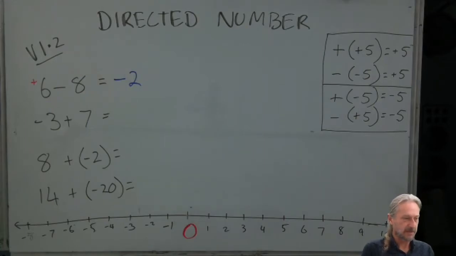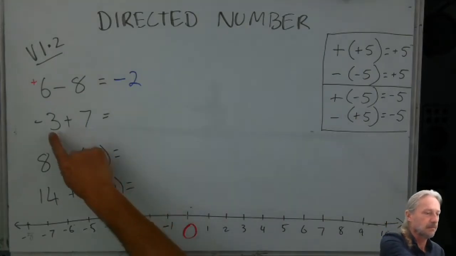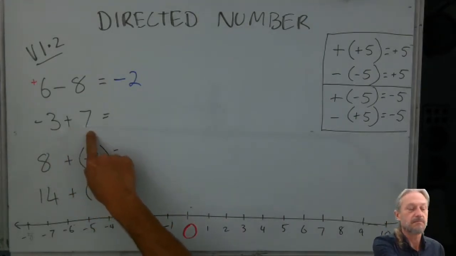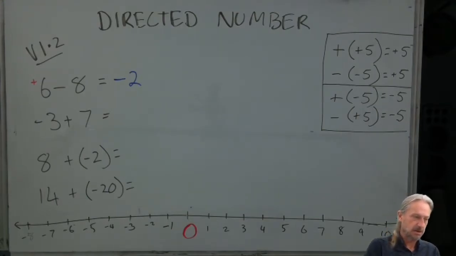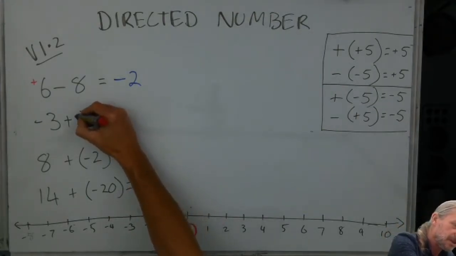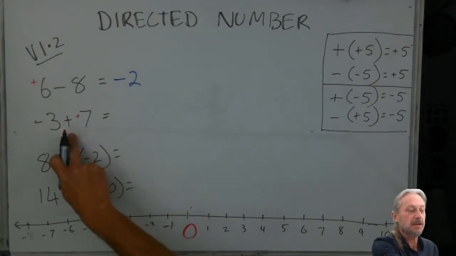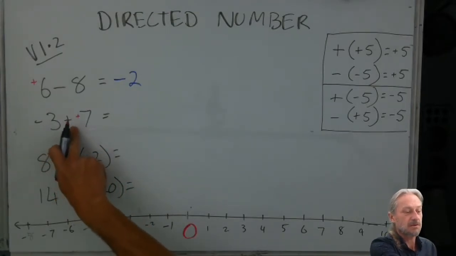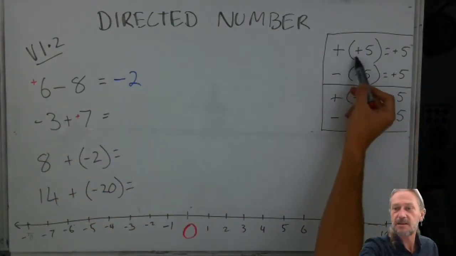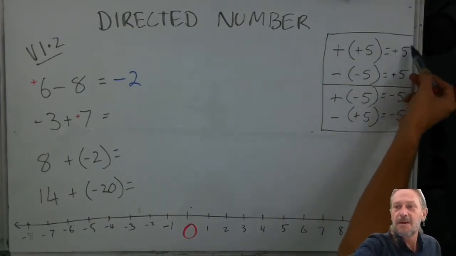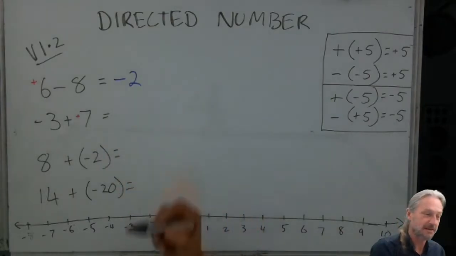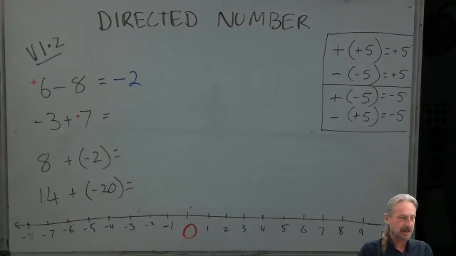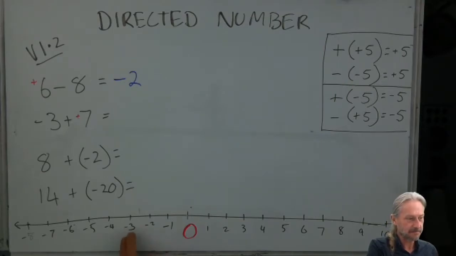Okay, so the next one, -3 plus 7. We can think of that as +7, so I'll just put that little plus in there. So really we're just going back to +7. In this case we start at -3.